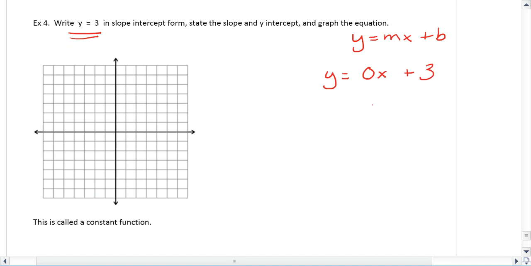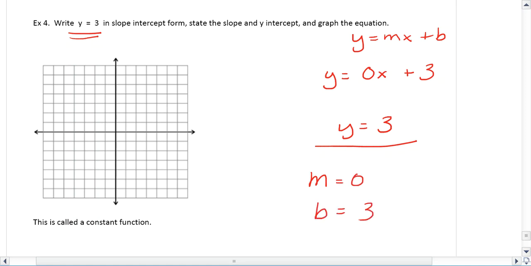Now, we usually never do that. We usually just write y equals 3. But I wanted you to see what that would look like so that you can easily see that this slope is 0.